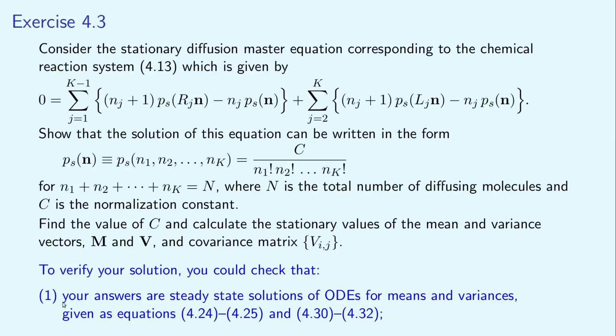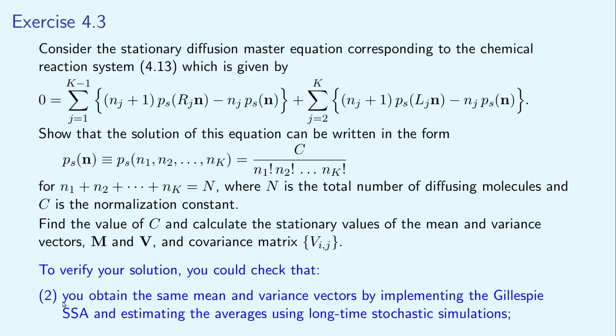To verify your solution, you could check three things. First, you could check that your answers are steady-state solutions of ordinary differential equations for means and variances, given as equations 424 to 425 and equations 430 to 432. You could also implement the Gillespie algorithm for our diffusion chemical system 413 and estimate the averages using long-time stochastic simulations.